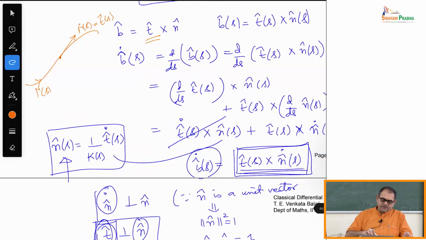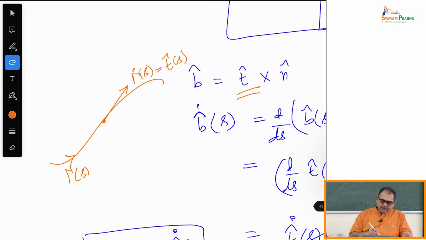Then you have the geometric normal, which is going to be in the osculating plane, which contains the tangent vector, and this is n hat of s. These two sit on a plane called the osculating plane. It contains the circle of curvature and the center of curvature, and this is the plane where the curve is temporarily entering and leaving.